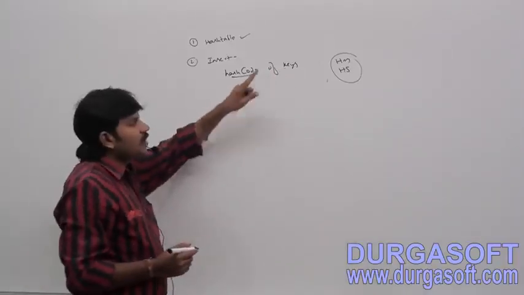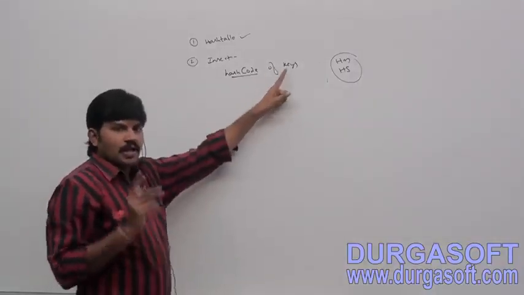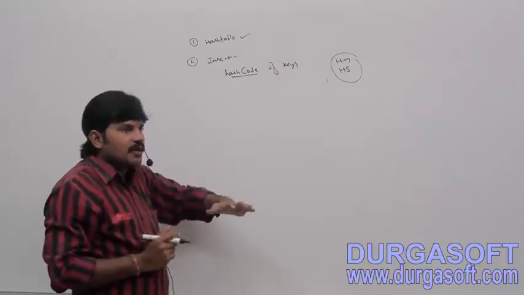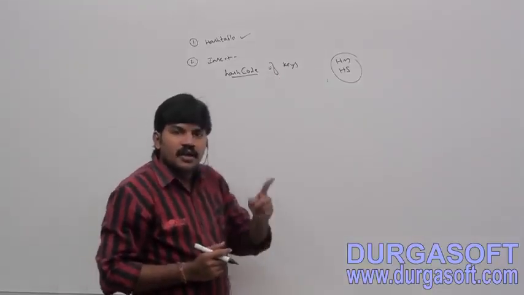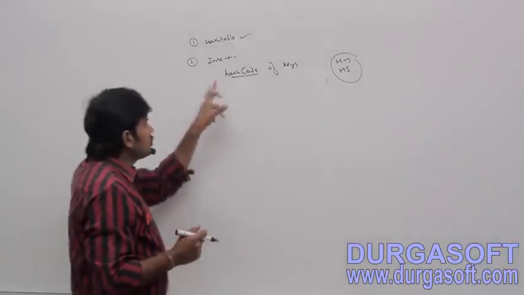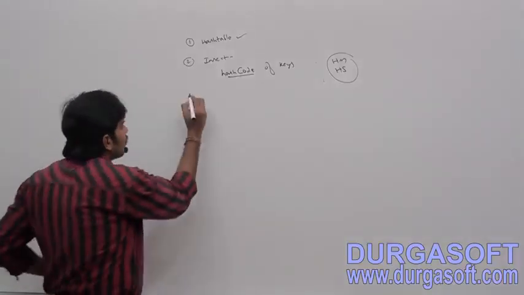But how the hash code will play the role, I will show at memory level also, so that you can be aware of how the data is stored internally based on hash code. That internal structure also I will explain. Not only theoretical points, I will explain one program so that you get more clarity.